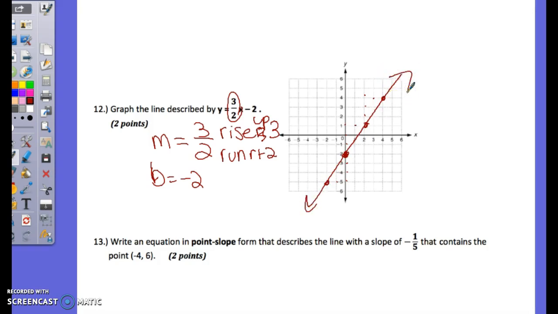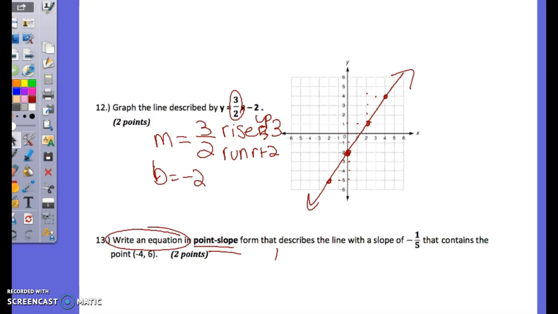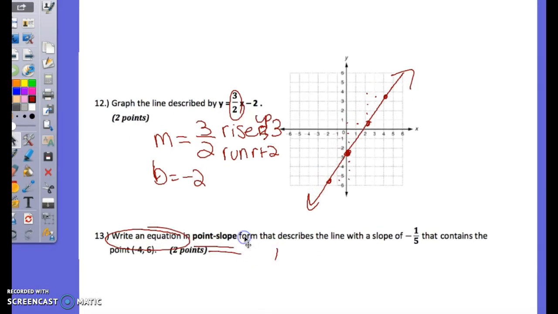Number 13 says write an equation in point slope form. So now I don't have to do anything after point slope form. I know my point slope form is y minus y sub 1 equals m times x minus x sub 1.